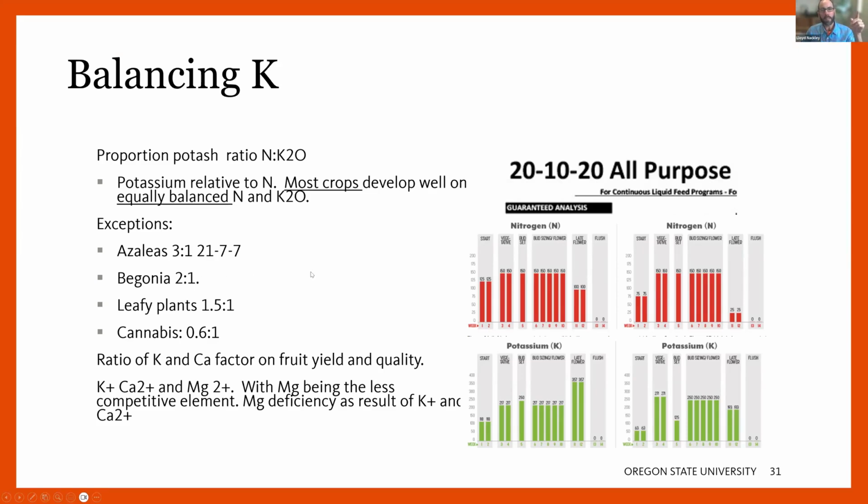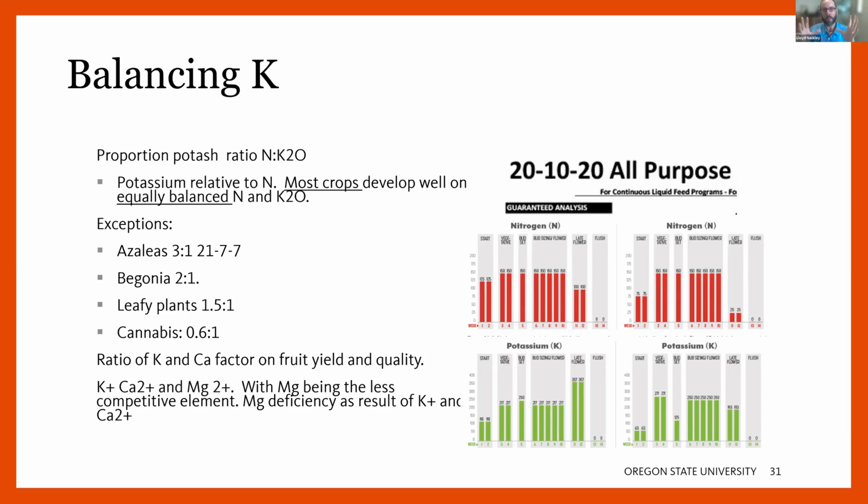Potassium also, because it's a monovalent ion, this K plus, can be preferentially taken up. So there can be competition with other ions, divalent ones. Calcium is a 2+, magnesium is a 2+. So magnesium deficiency can occur if there's too much potassium, and that has to do with all ion uptake in the roots.